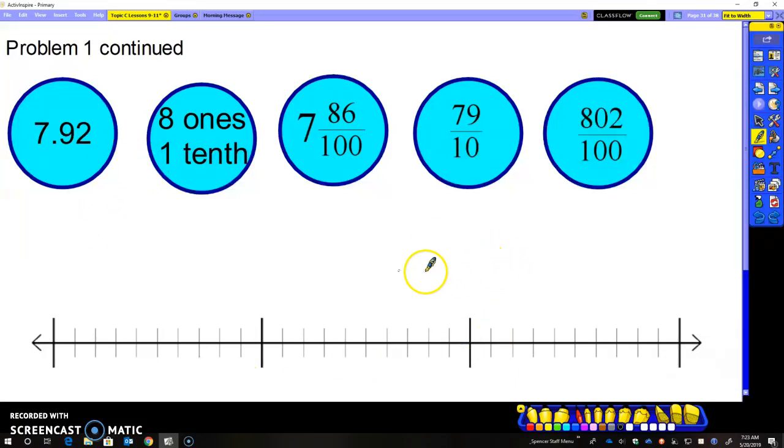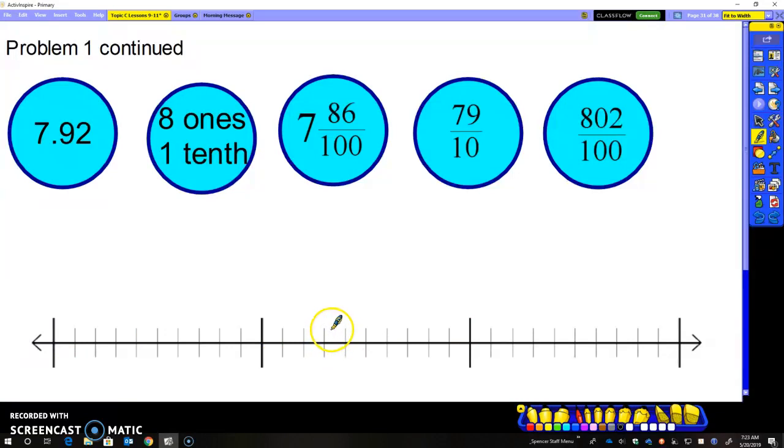So right now, we have all sorts of number forms up here. We have decimals, we have unit form, we have mixed numbers, we have a fraction greater than 1, and another fraction greater than 1. Okay, so with this, we are going to have to convert to a consistent form. Okay, right now I can't just look at these and say, oh, this goes here, that goes there.